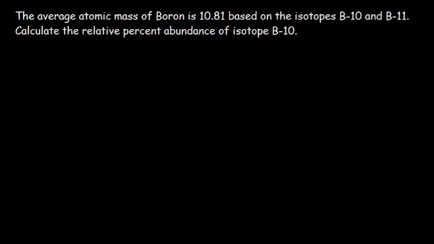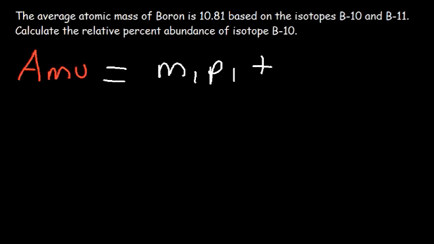The average atomic mass of boron is 10.81 based on the isotopes B10 and B11. Calculate the relative percent abundance of isotope B10. So let's use the equation that we used last time, where the average atomic mass is equal to M1P1 plus M2P2.